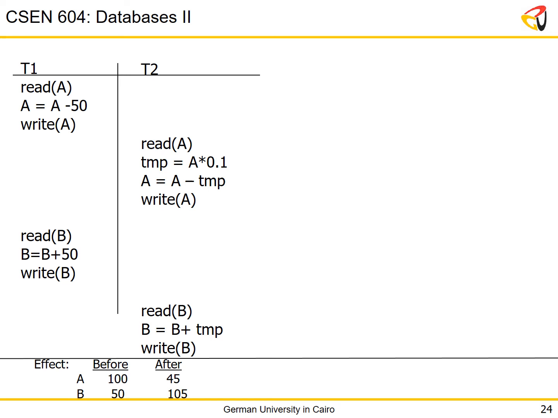It's going to be read A, do the computation, write A, read A in T1, do the computation, write A, read B in T1, add the 50, write B, read B in T2, add the 10% and write B. So we can actually get a nice interleaving of T1 and T2. This is a serializable schedule because it's equivalent to the serial we presented already.